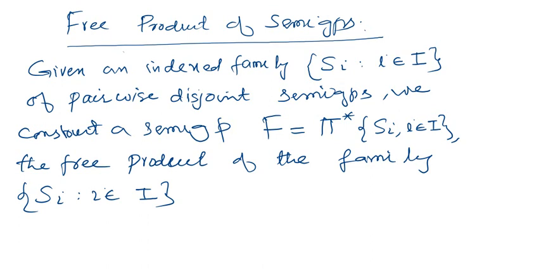Okay, so now first we use some notations. Suppose a is in the union of Si, i in the index set I, then a is in exactly one Si, because they are disjoint.